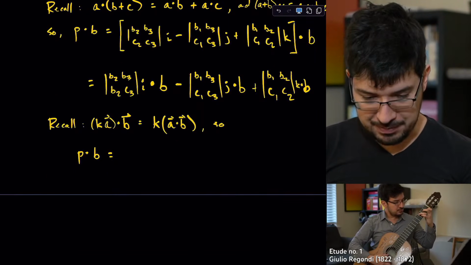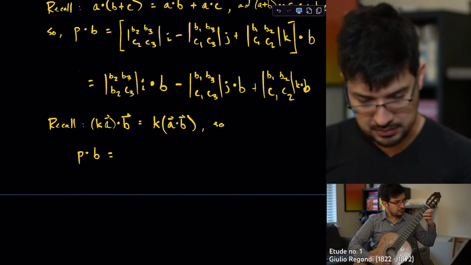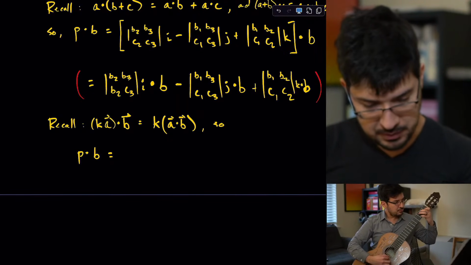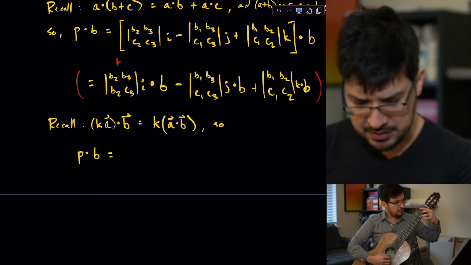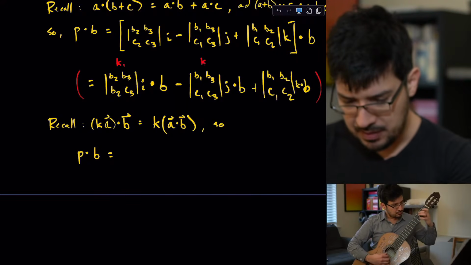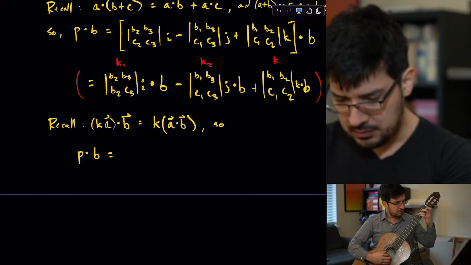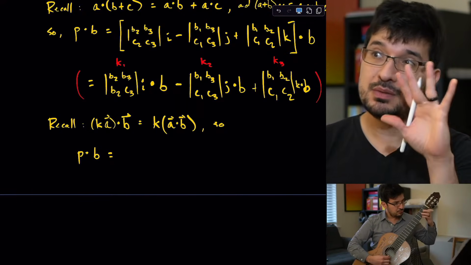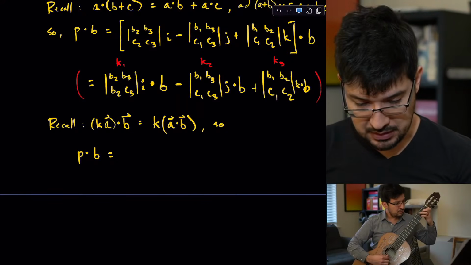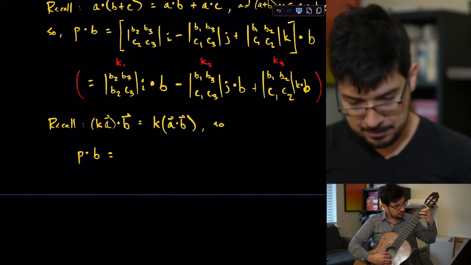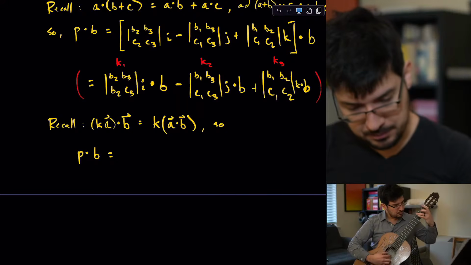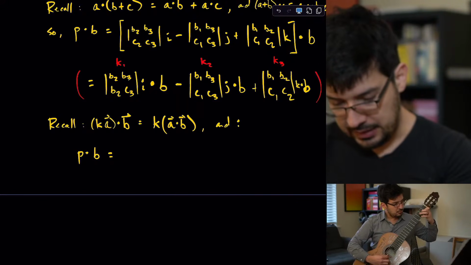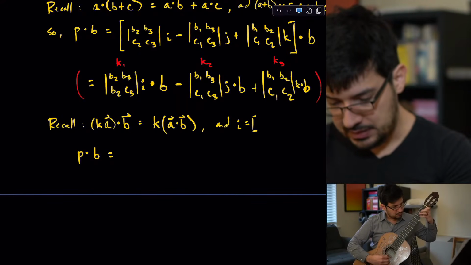Okay, so then P dot B, if we continue that previous line, recall that a determinant is just some number. It's just some scalar. So I could write out the formula for it, but I'm going to pause on that for just a second. What is I again?